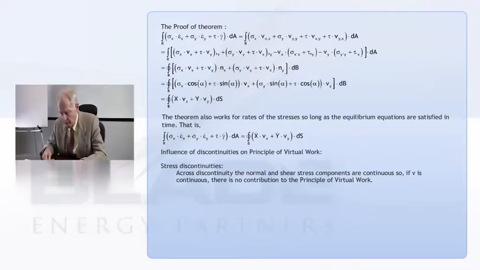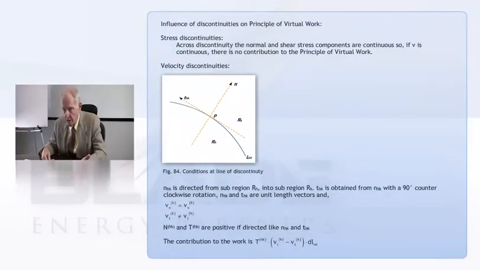Now, there's a little bit of discussion here about the contribution to the principle of virtual work caused by discontinuities. And that comes out to be pretty straightforward. First off, you don't need to do anything for the stress discontinuities that we're allowing, and that is the stress discontinuity for the interior stress.